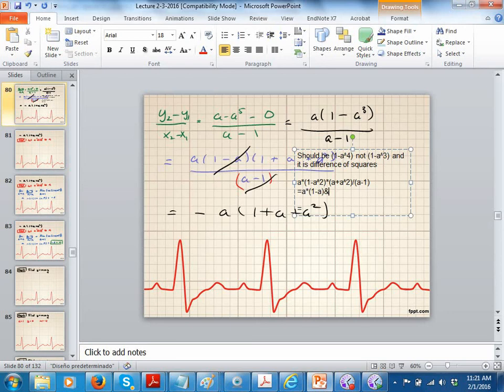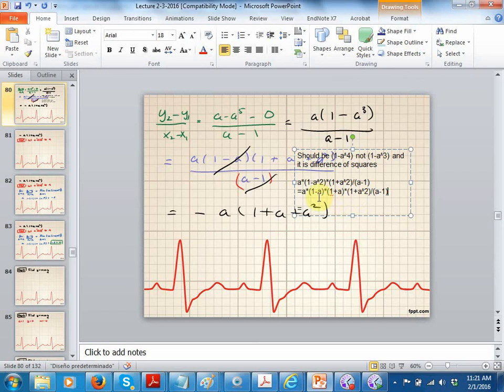Now you'll know difference of squares. There's no way to hide from it. 1 plus a times a squared. And then we have the a minus 1 down here.